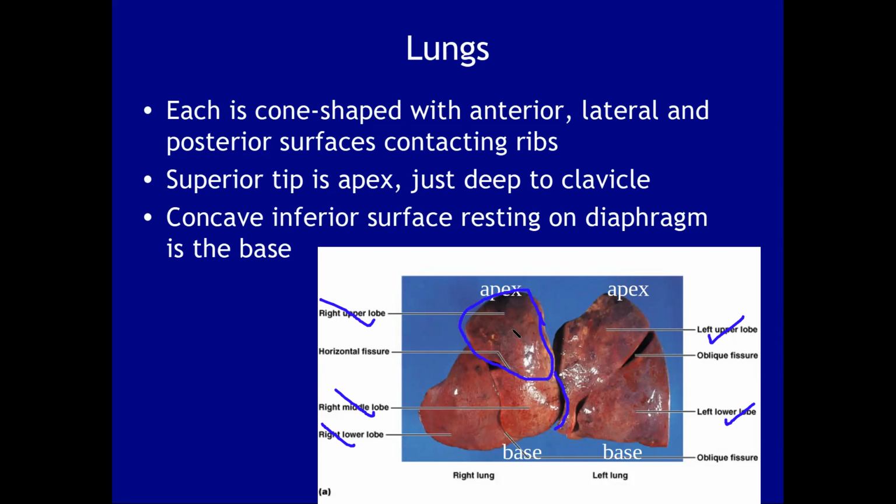So you can go in, for example, and have an operation and remove one entire lobe of your lungs. Let's say one of them becomes cancerous. You can just go in and have that lobe cut out. And the other 4 lobes will be perfectly fine without it, right?